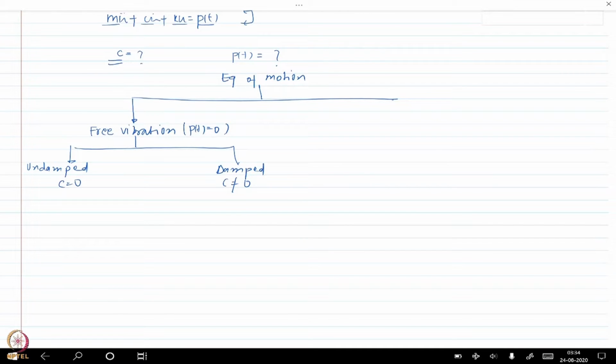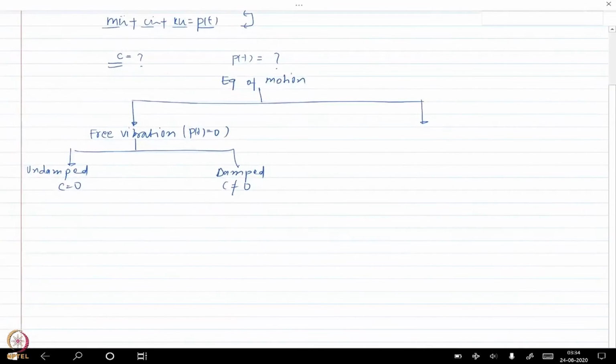In the other part, we are going to discuss not a zero value of applied force but a non-zero value. In that case, we are going to discuss some specific cases. If we have a non-zero value of the applied force, we will have forced vibration. Depending upon the nature of the forcing function, we are going to study a few specific cases and then a few generalized cases.